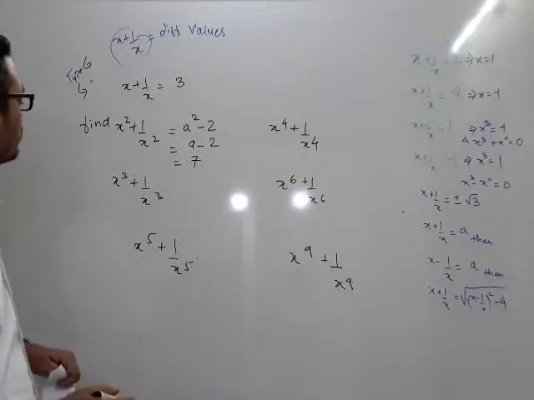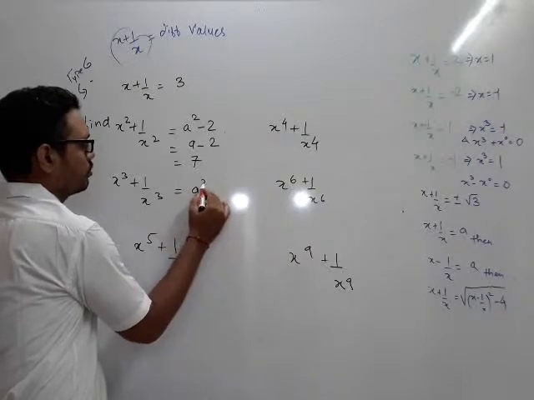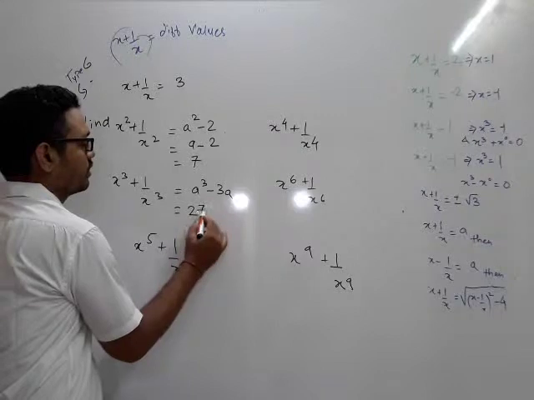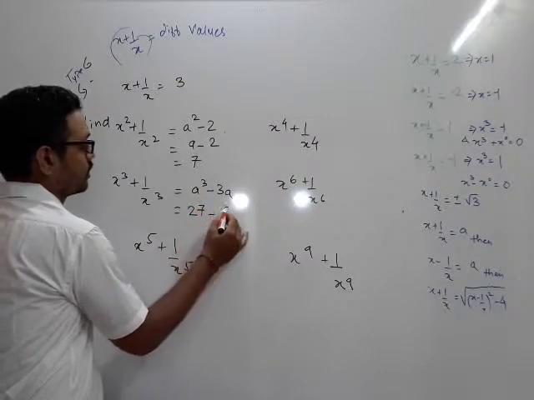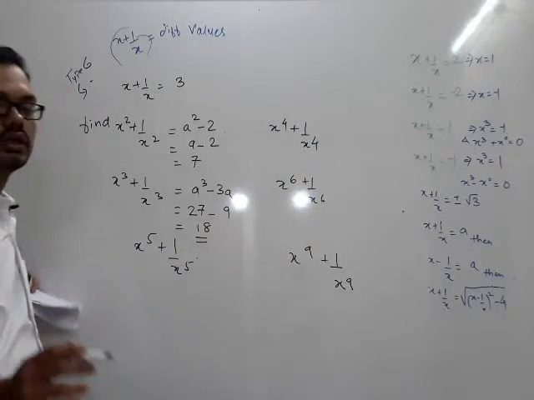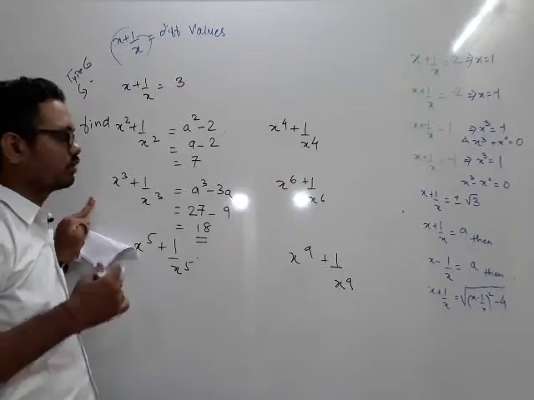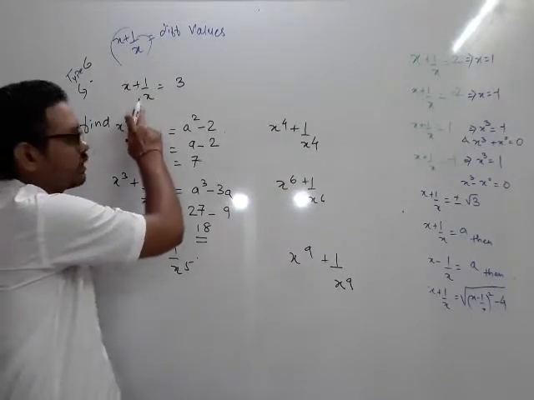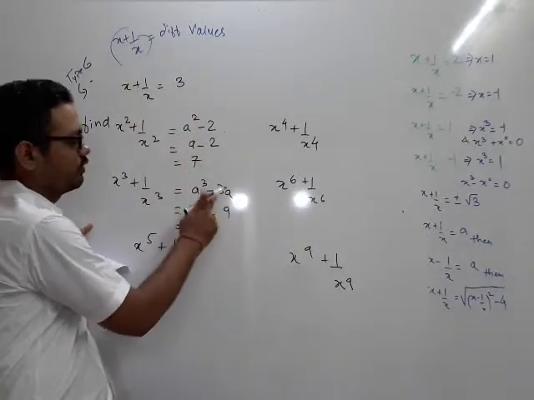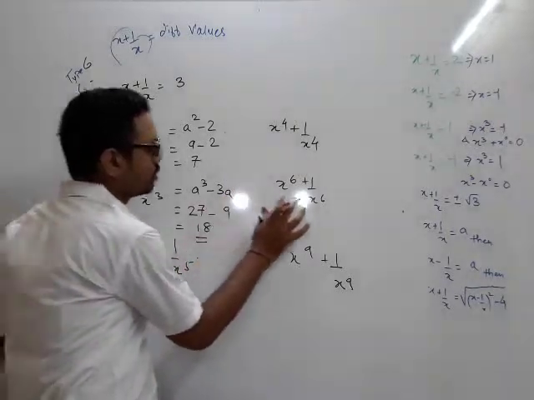How will you find x cube plus 1 by x cube? It is nothing else but a cube minus 3a, which is 27 minus 9, which is 18. Orally you are doing this. Alright, those who do not know the formula will expand this and then derive and come to a conclusion, whereas if you know this value you can totally do it.